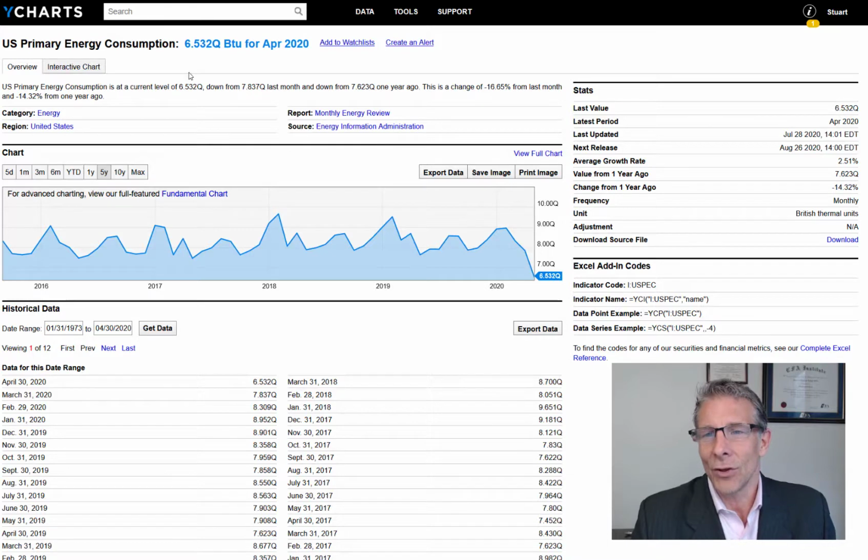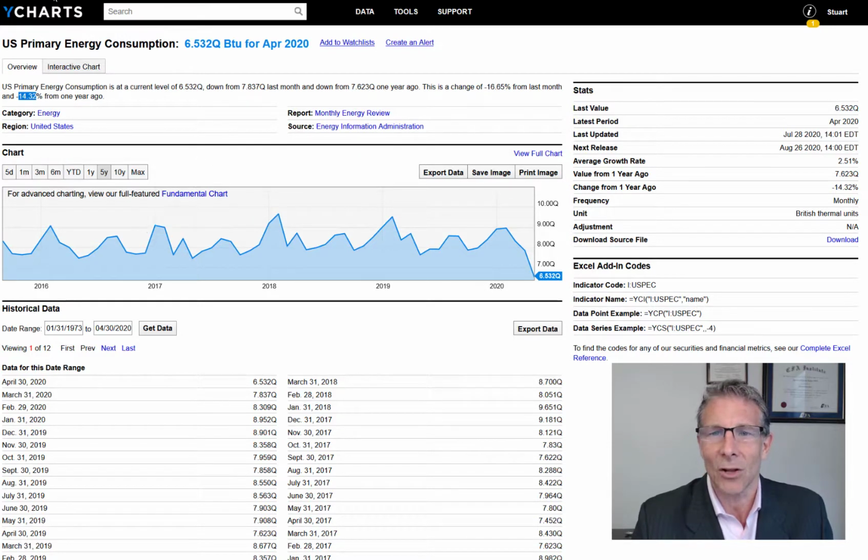For those of you who don't know what a quadrillion is, it's 1,000 trillions or a million billions. This is a change of 16% down from last month and 14% from a year ago.